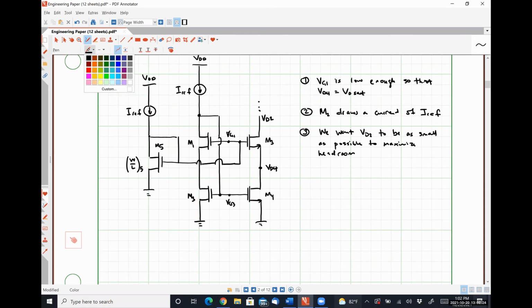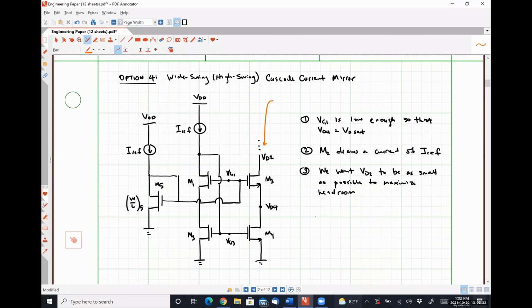Before we get into our DC analysis, what is our output resistance of this guy going to be? Or let me ask the question in a slightly different way. Will the output resistance change at all from our cascode current mirror that we analyzed first for today's class?